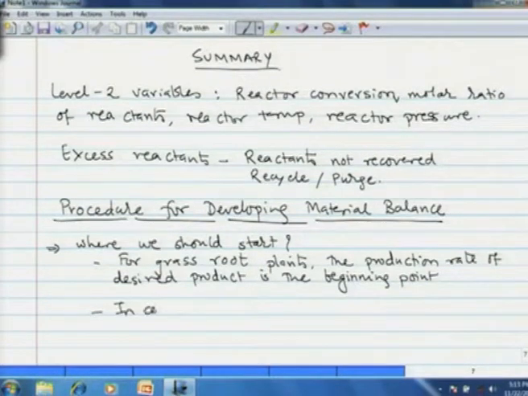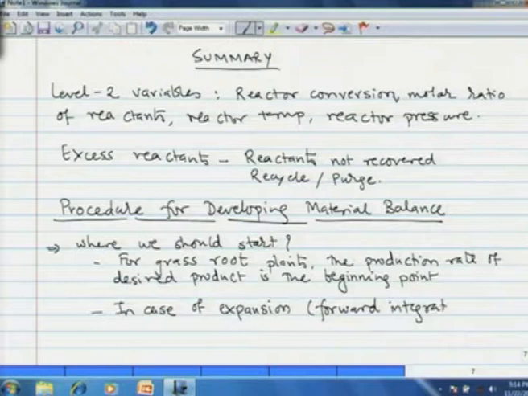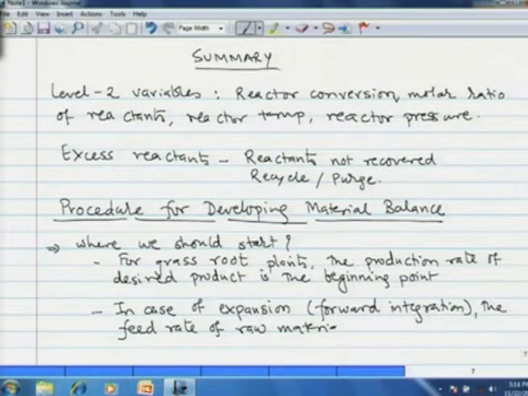In case of expansion, or what is also known as forward integration of the process, the feed rate of raw material, which is the waste product of existing process or byproduct of existing process, is the starting point.